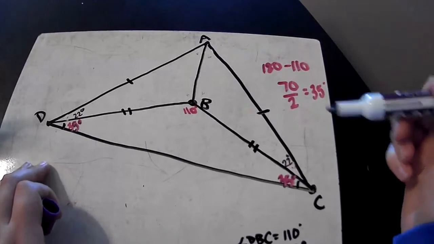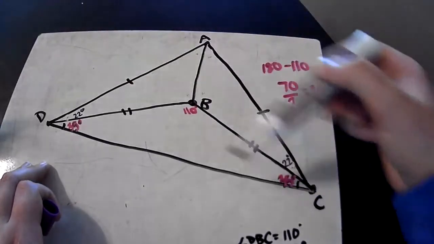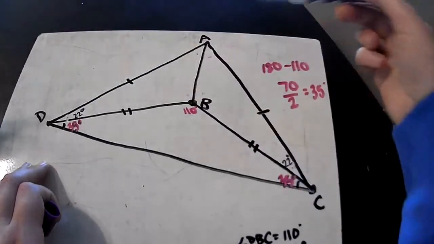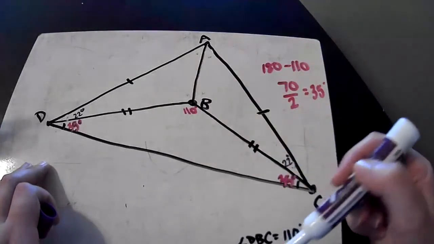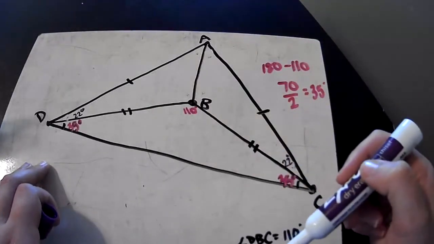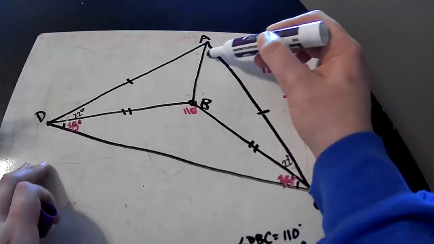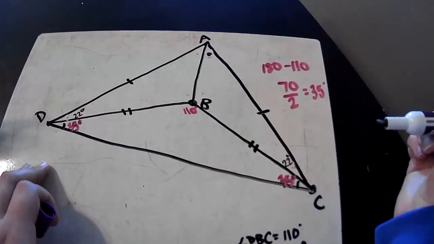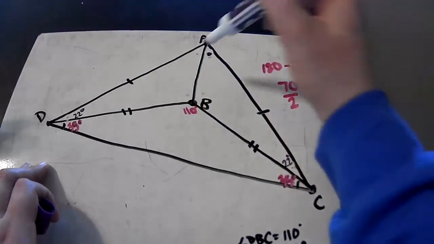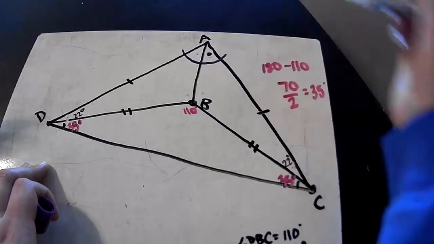Because if I go back to looking at my big triangle, triangle ACD, we're looking for the measure of angle BAC. So this is the angle that we're trying to find. But I have enough information right now to find this whole angle.